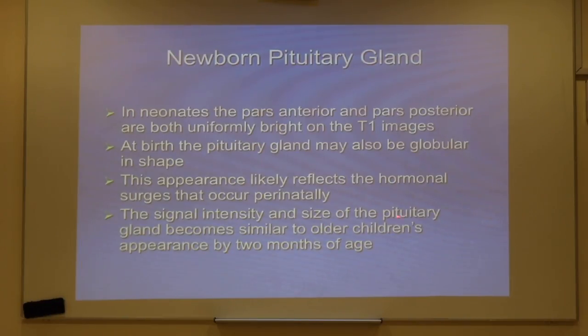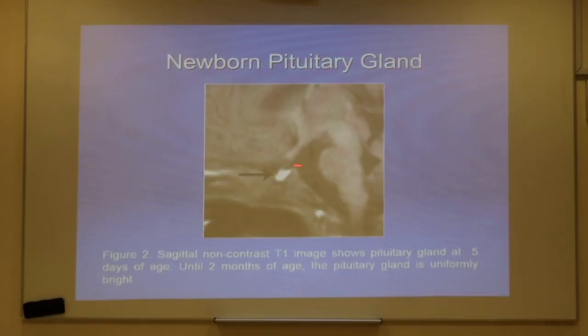This signal intensity and size of the pituitary become similar to older children by 2 months of age. By 2 months of age, as the hormonal secretion goes down, the brightness of the pituitary gland and its size reduce and become uniformly normal as in older children. So right after birth, the MRI shows a bright image of the pituitary gland, because around birth there is excessive secretion from the pituitary.